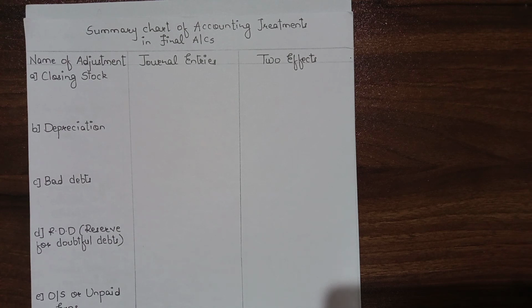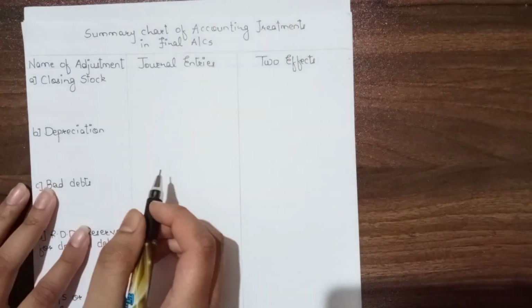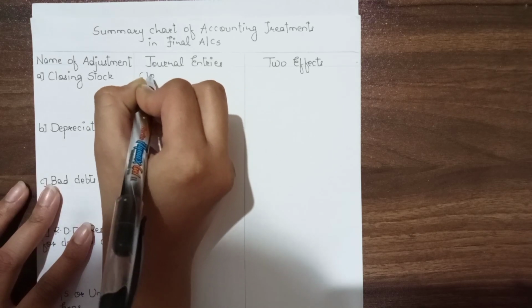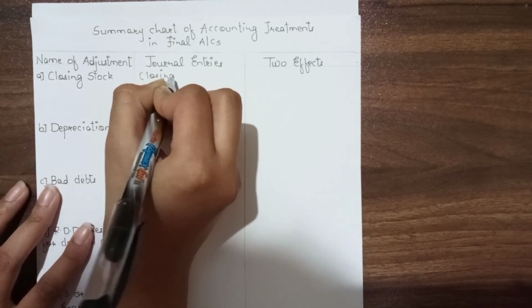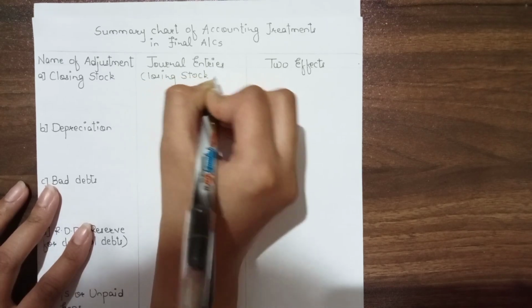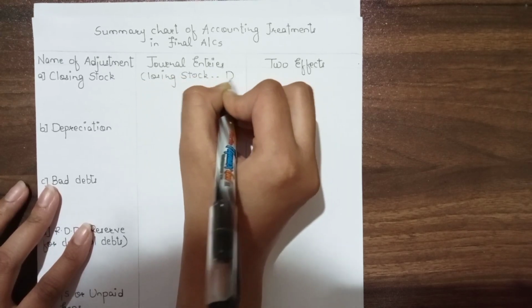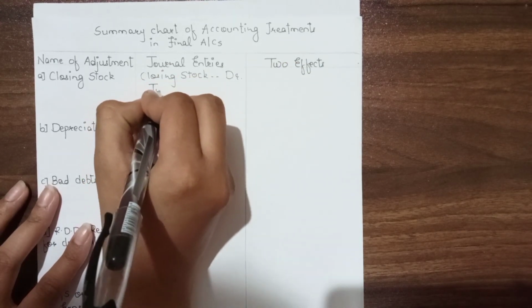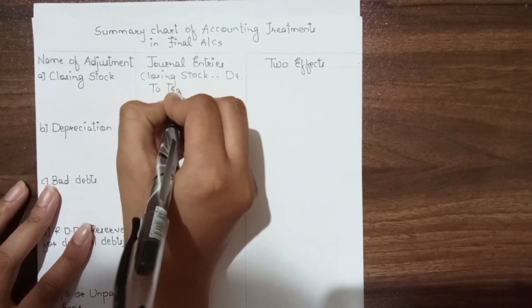That is, you are going to give credit effect of closing stock in trading account. So we will do this: debit balance to closing stock, debit, and to trading, credit effect.